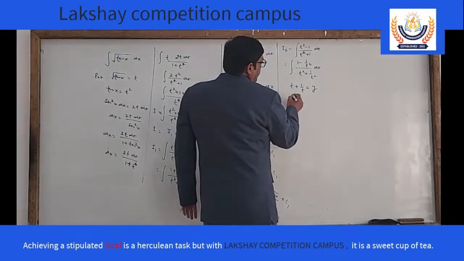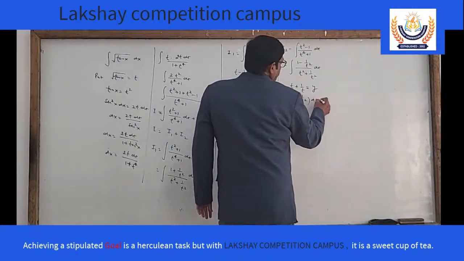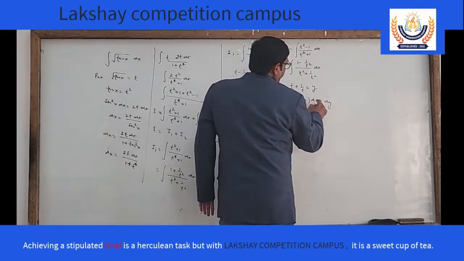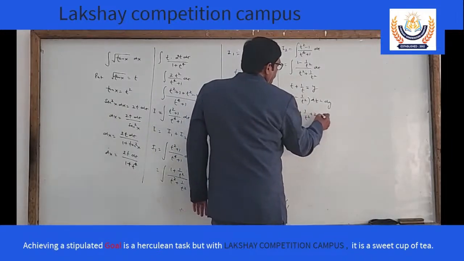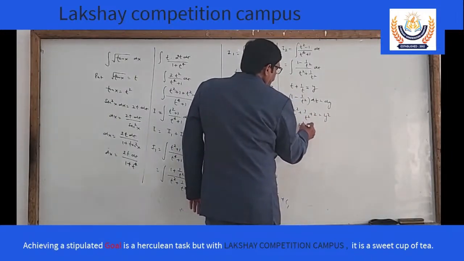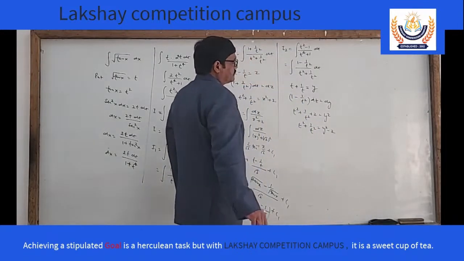What is the derivative? This is dy. Squaring, t² plus 1 by t² plus 2 is y², so t² plus 1 by t² is y² minus 2.